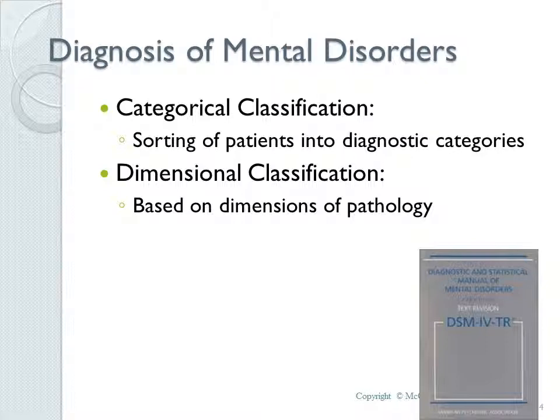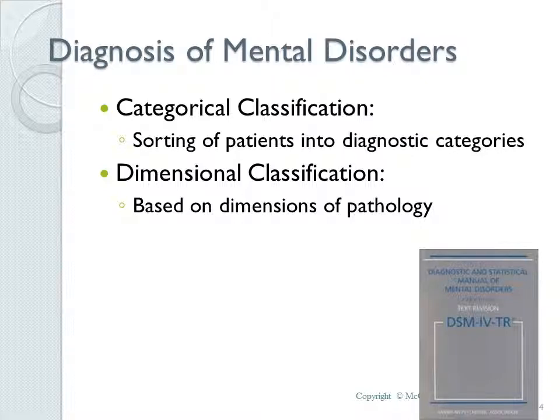Sorting patients into diagnostic categories in the DSM, that's basically what this book does. It provides different categories which we'll talk about over the course of the semester. A categorical approach basically tries to divide individual symptoms, problems, classification into discrete bins or discrete boxes that we can sort these individuals into.